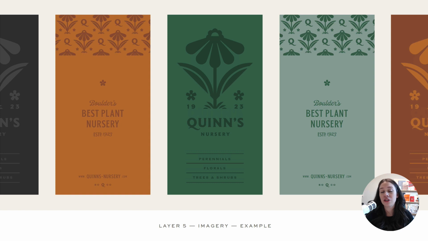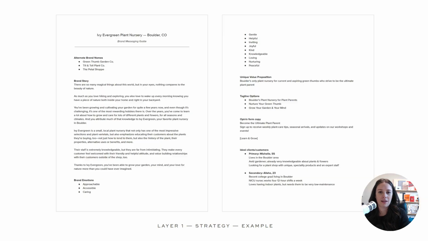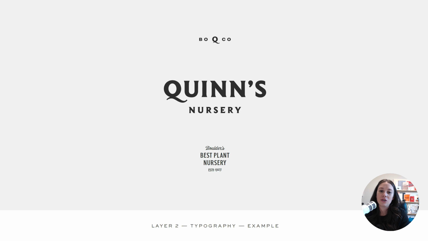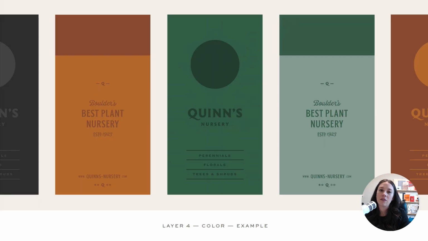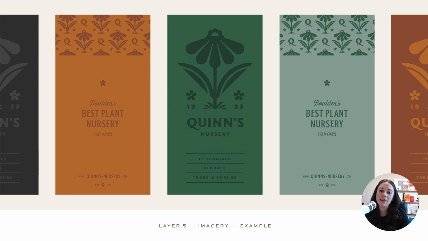But those are the finishing touches on the design. So you can see how my system builds on itself. I'll just go back through real quick. We've got layer one, strategy. Layer two, typography. Layer three, layout. Layer four, color. And finally, layer five is imagery. And you can see how the design transitions layer by layer into the final product.